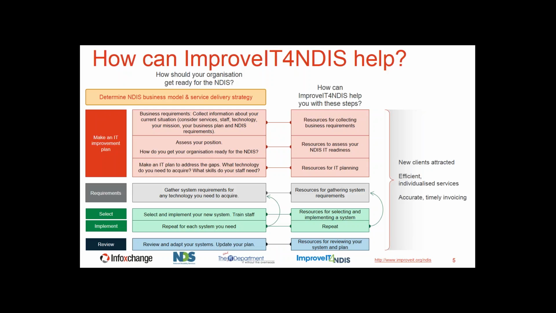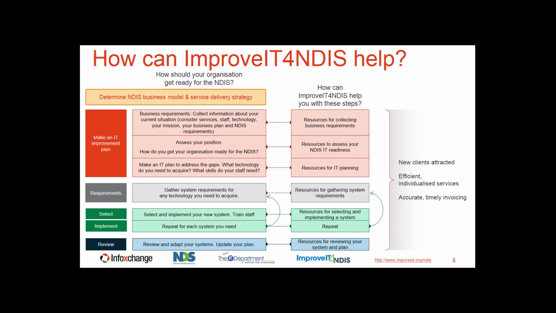You need that business model and service delivery strategy so that you know whether or not you're delivering specific services, potentially just attendant care or group work or other types of services, whether they're in people's homes, whether in your locations, whether they're out and about, and whether you intend to grow into the future or focus on a small number of services or provide a wide range of holistic services. That's the key starting point.